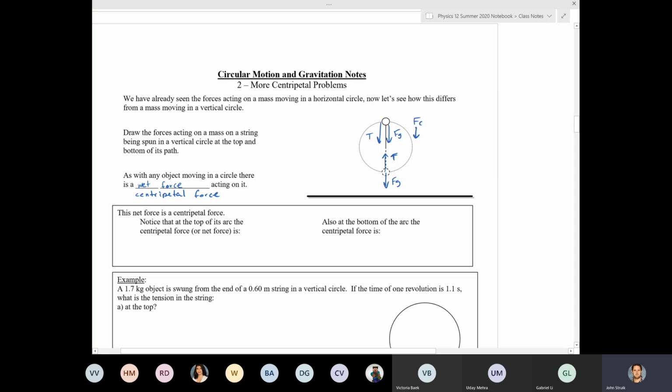So at the top, it would be negative FC equals negative FG negative T. And so we'd say FC equals FG plus T. And at the bottom of the arc, FC is going up. So FC is positive equals positive T minus FG. Okay, so it's a different net force at the top than it is at the bottom.